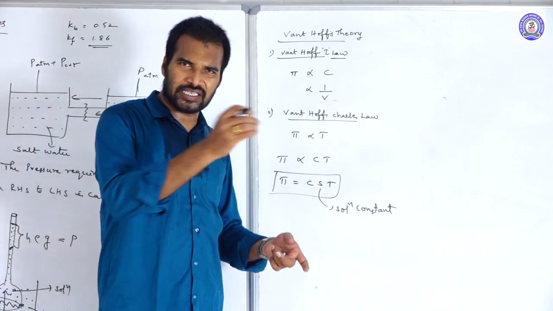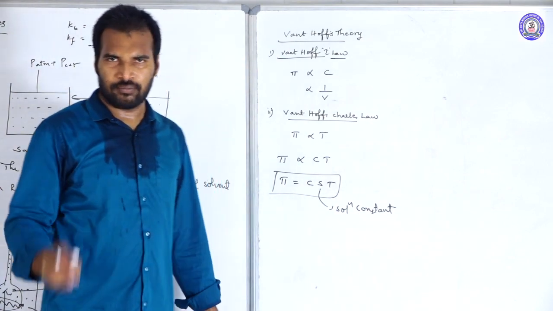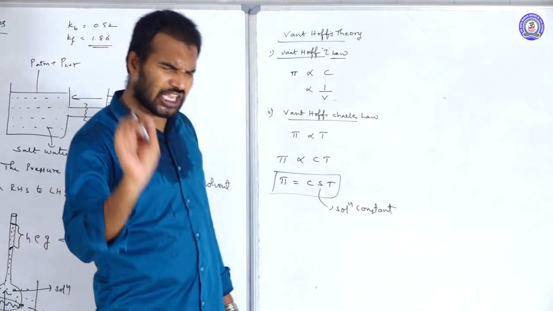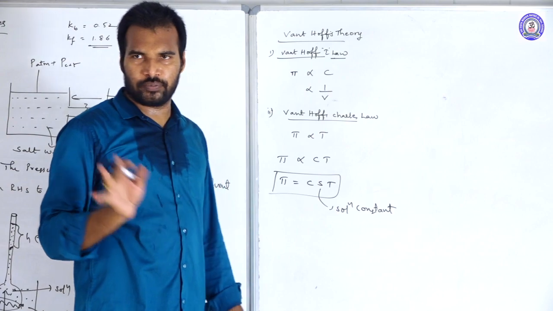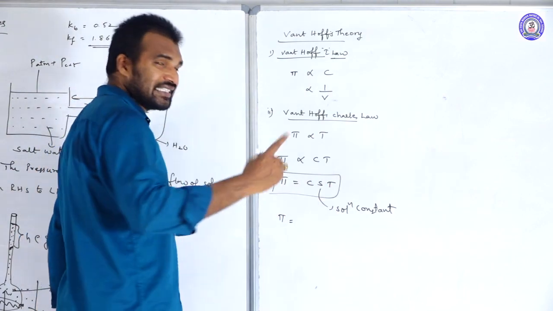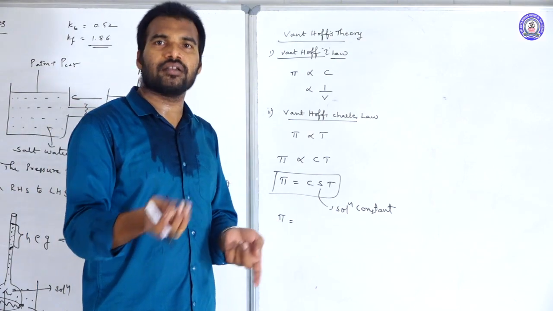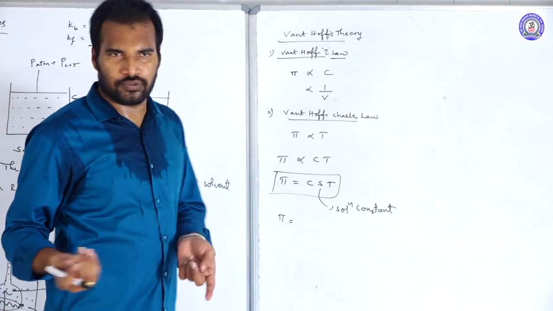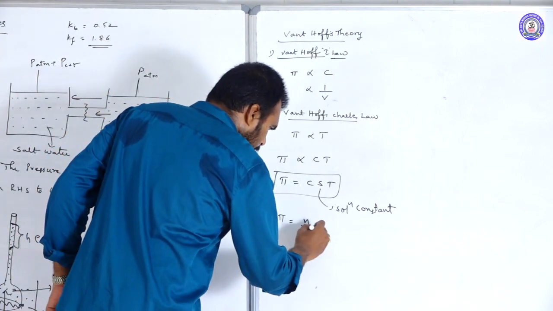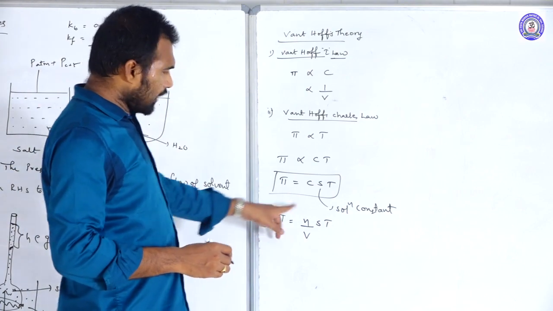The solution constant value is the same as the R value, the gas constant. Both are the same: in case of gases, R; in case of solutions, the solution constant. The magnitude of S is the same as R. Don't be confused. Now from this what can you write? Pi is equal to C, and concentration is nothing but molarity. Molarity is the number of moles present in unit volume. So you can write pi is equal to n by V, S T, where n is the number of moles.